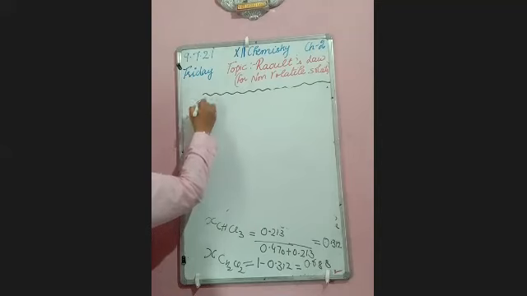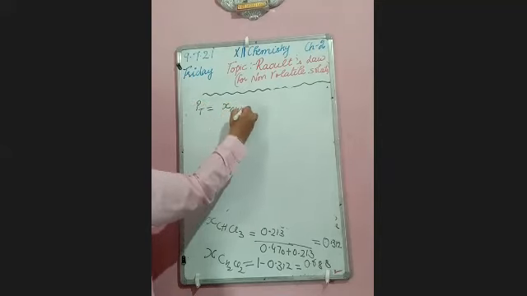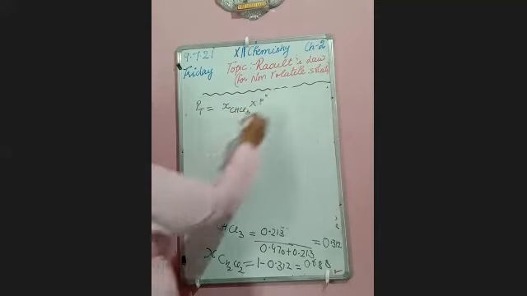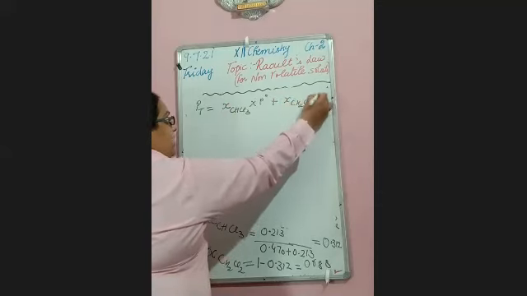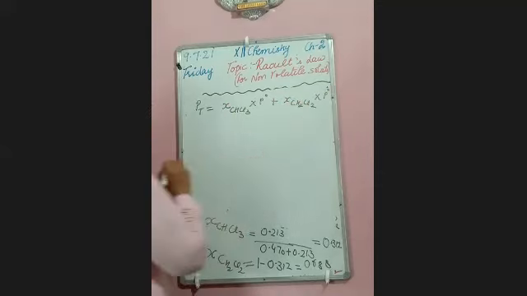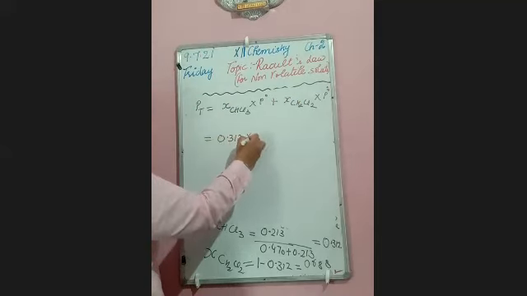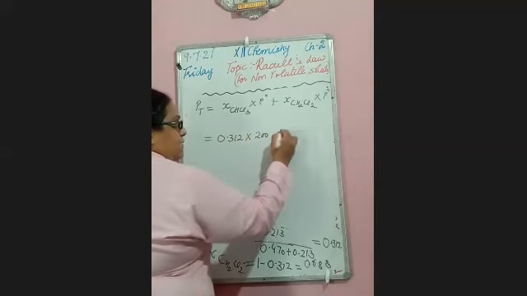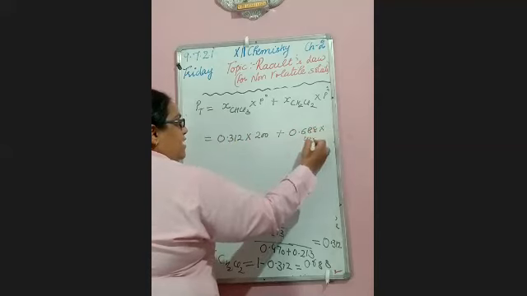Total pressure will be mole fraction of CHCl3 into its vapor pressure in pure state plus mole fraction of dichloromethane into its vapor pressure in pure state. It is 0.312 into 200 millimeter of Hg plus 0.688 into 450.